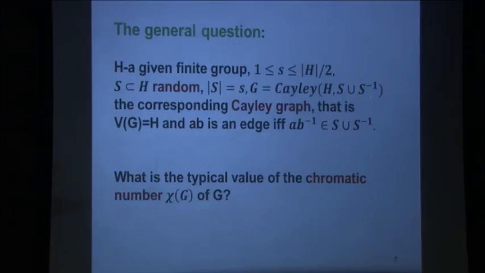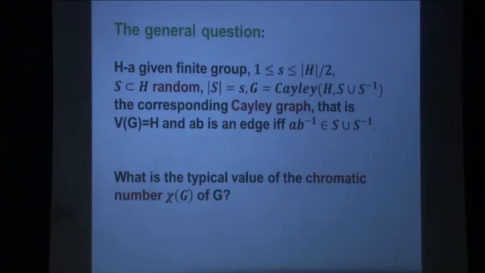And then we choose a random subset of H of cardinality S. It will not matter so much for me, so you can either choose uniformly among all sets of cardinality exactly little s, or choose with replacement little s elements. It's not exactly the same model, but what we know about the behavior is not accurate enough to tell the difference between these two models. So think about the model that you prefer.